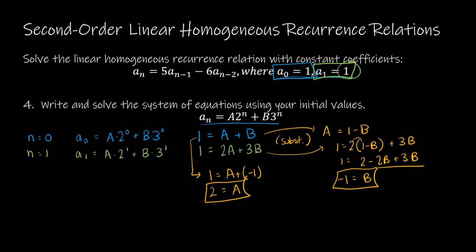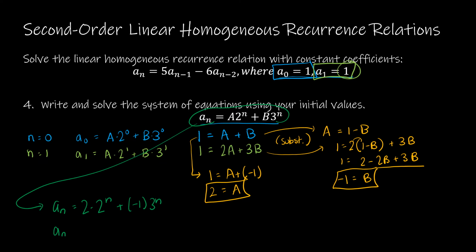So now what? Now I take it right back to here. I'm going to replace a with 2, and I'm going to replace b with negative 1, and then I'm just going to clean it up a little bit.